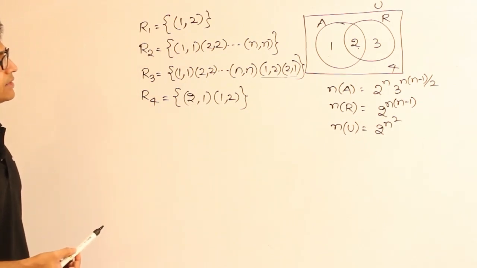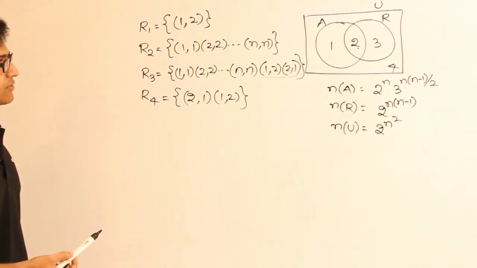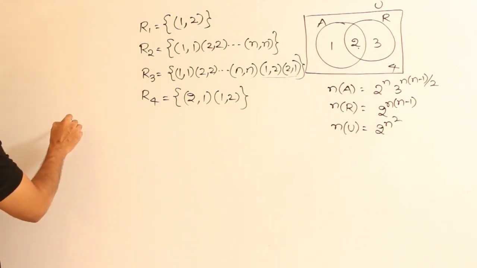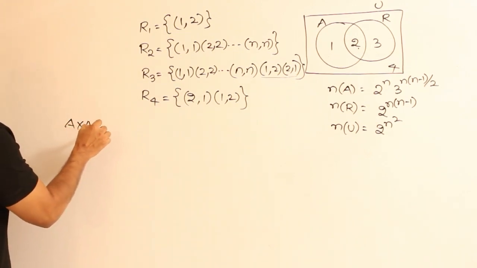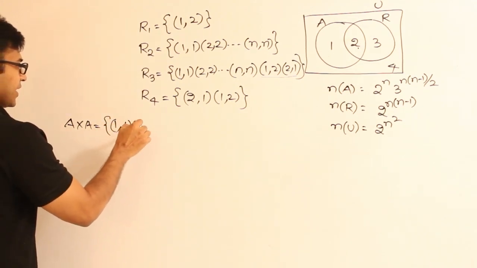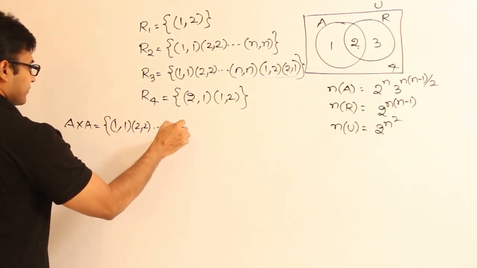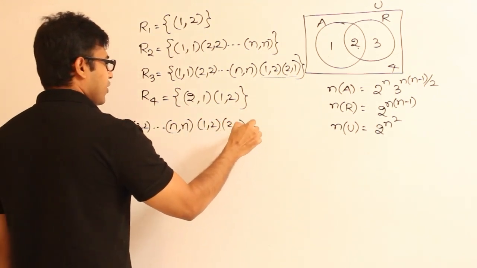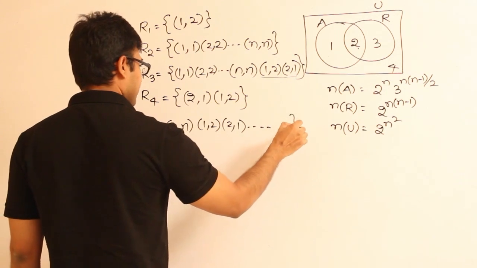It is nothing but the number of relations which are both antisymmetric as well as reflexive. How many such relations can you get? See this. We know that A cross A is going to have two types of elements. Some elements are diagonal and some elements are non-diagonal, right?